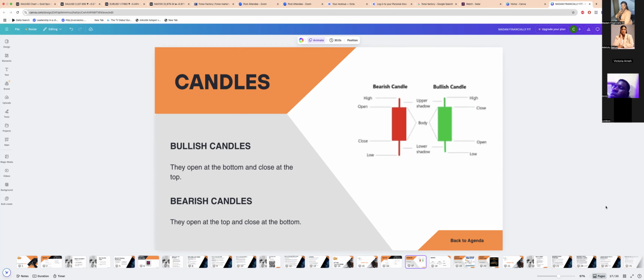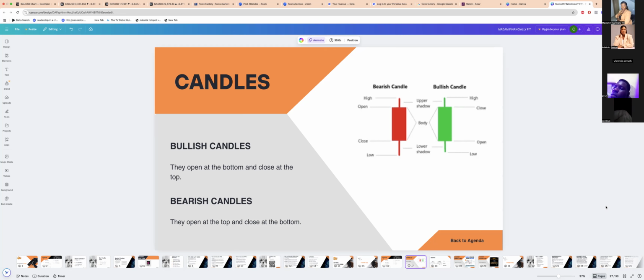The bullish candle, I hope you're writing, and the bearish candle. Now, that's the structure of the candle. I want you to make an effort to draw it again in your book. Now, we're going to start from the bullish candles. The bullish candles are the candles that open at the bottom and close at the top. Another way I explain to my students is they are the candles where the market price opened at a low point and closed at a high point.